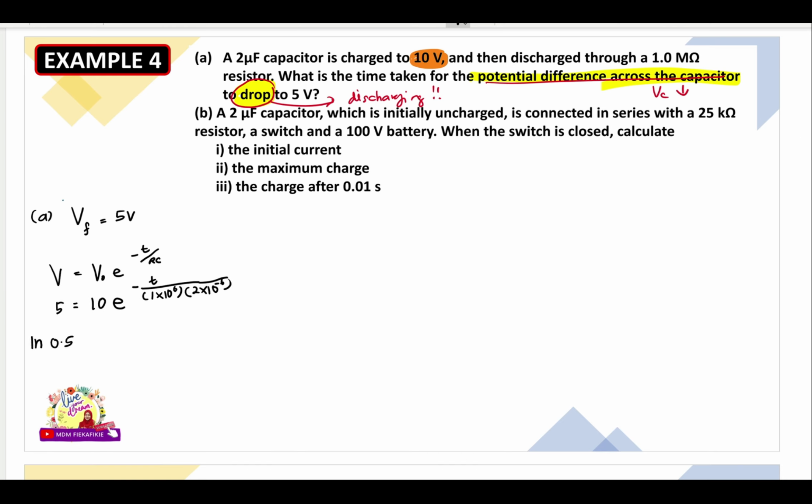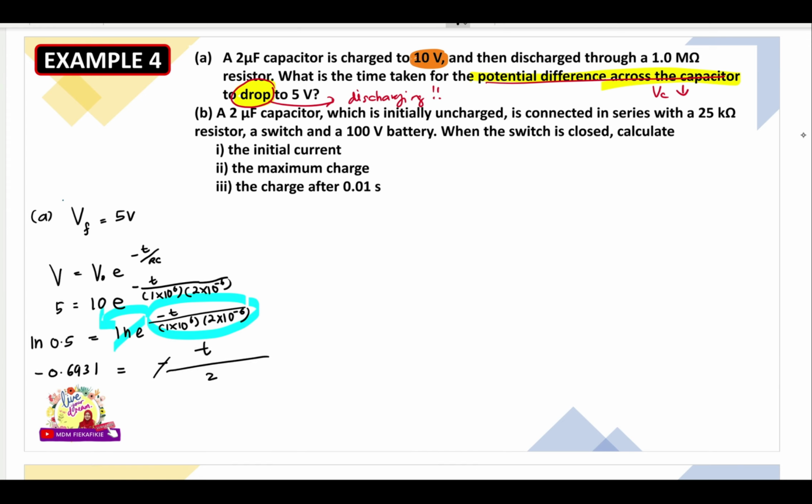So we can take ln. So ln e negative t over this one tadi. Nak selesaikan dulu pun boleh. So this one should be 1. Yang ni semua bawa turun ke sini. So ln 0.5 negatif 0.6931 negatif t over 2.